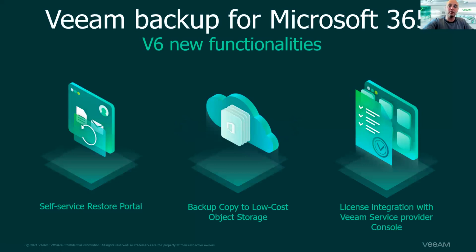You already saw the integration with the Service Provider Console from a licensing perspective, but it will also give a self-service restore portal for end customers. And we are going to do a backup copy to low-cost object storage, aka AWS Glacier and Azure Archive. Keep that in mind. When the final release is out, we're probably going to have several new webinars, but this is just a little glimpse into the future.